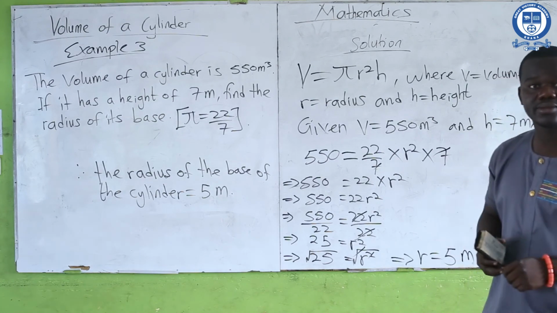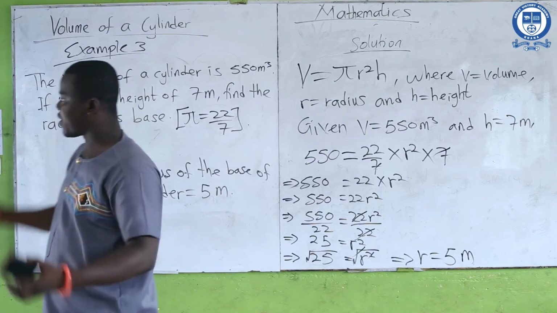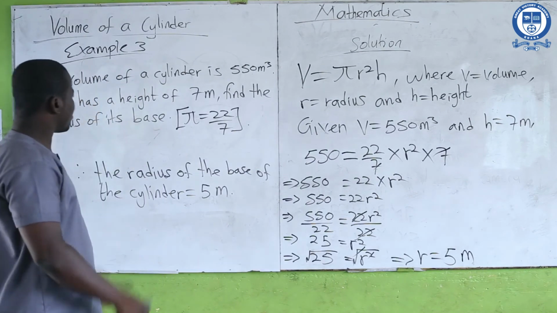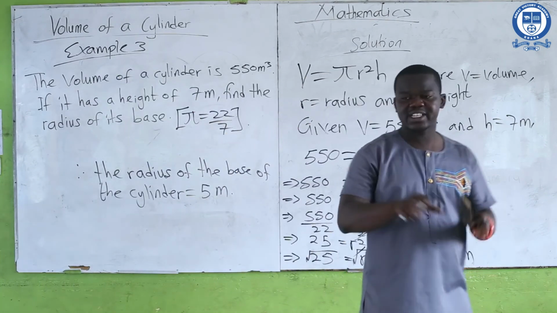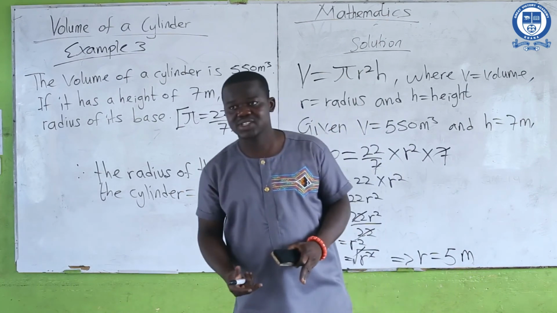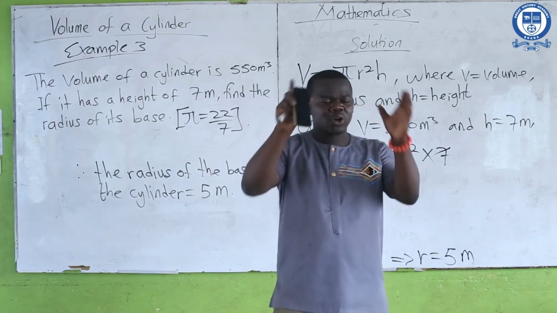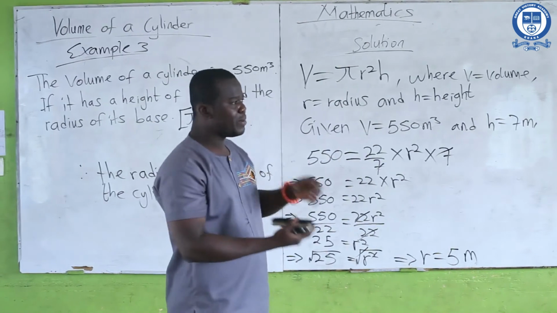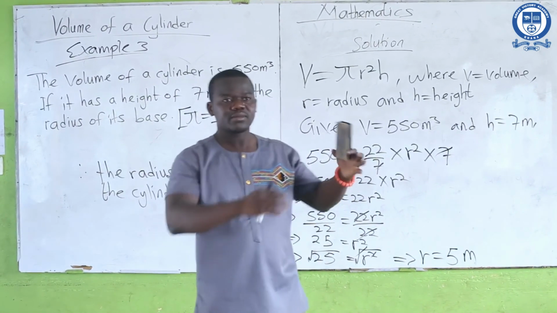Okay. So now, let us look at a recap of everything we did. We were able to deduce the formula for the volume of a cylinder by considering the fact that if you pile circular discs of the same area upon one another, what happens? We get a height. And now the total space occupied by these discs will simply mean that we multiply the number of discs by the area of what?